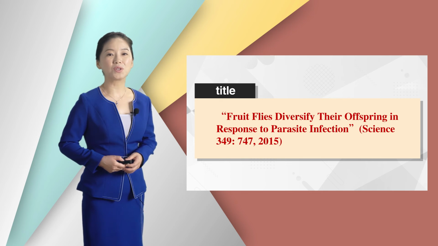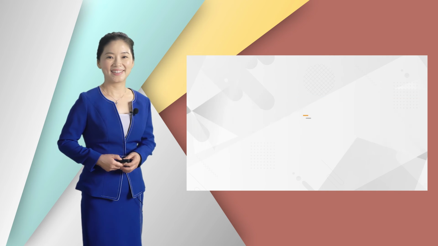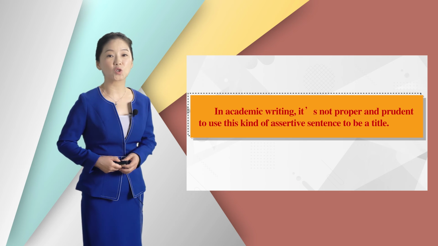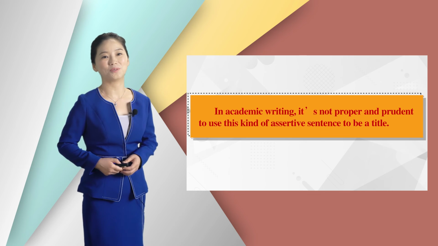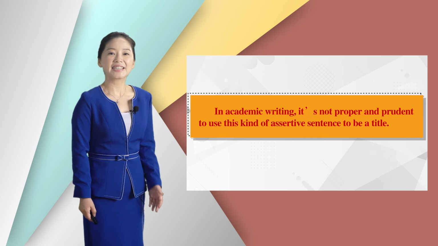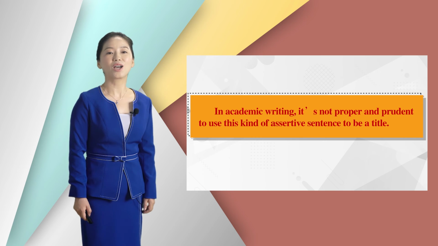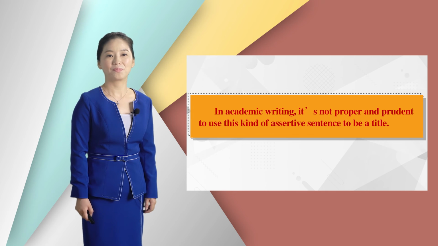The authors do present their results in the present tense. In academic writing, it's not proper and prudent to use this kind of assertive sentence as a title, because in some cases, this style, in fact, states a conclusion that should be stated in the summary.